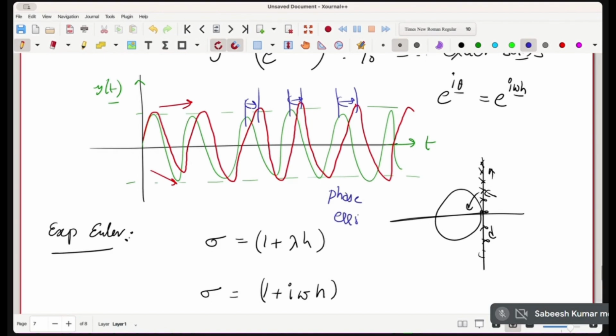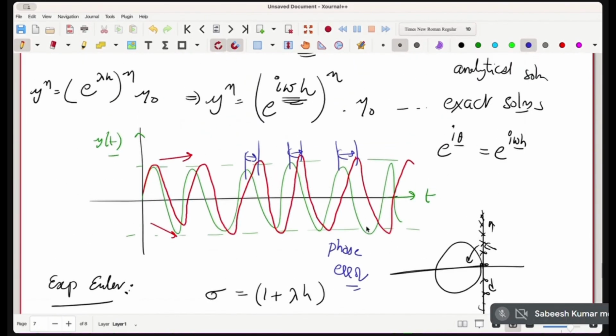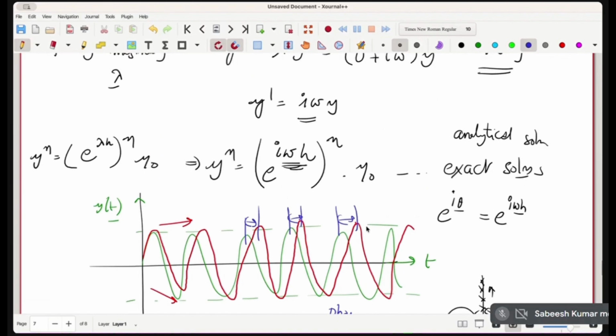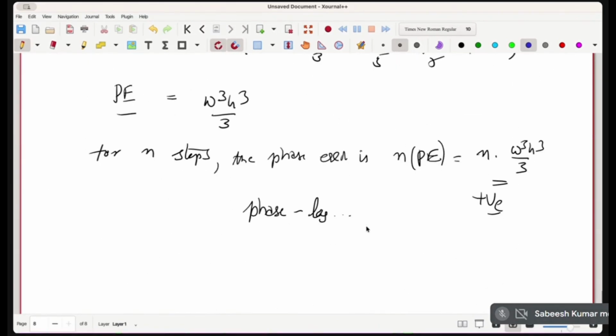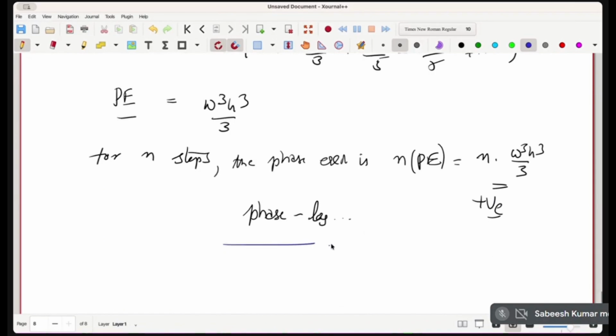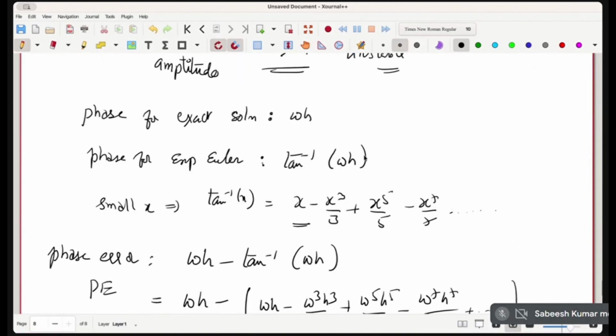We'll calculate the phase error in the implicit Euler method as well, for purely imaginary values of lambda, like what we have done now. Fine. We will continue with the implicit Euler method and then look at the trapezoidal method in the next lecture.